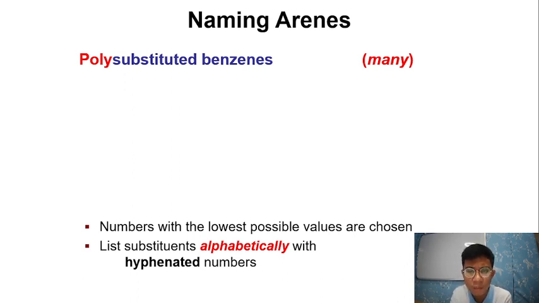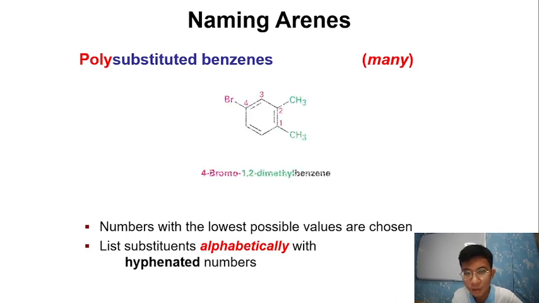Rules, so you just number the substituent with the lower number, and then you list your substituents alphabetically. So, like this one, meron sa benzene niyo, this one, Br, the CH3.